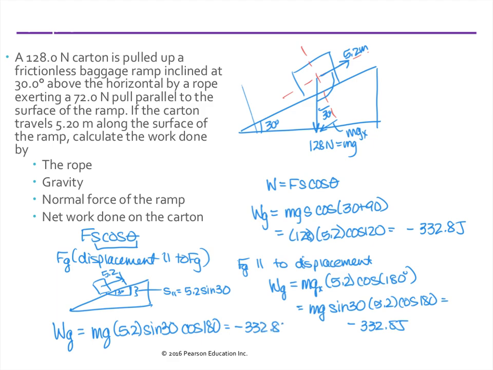I just like to give you the opportunity to look at this different ways, because probably one of them clicks, and then you get, okay, well, now that one I get. Finally, when we find the net work, we just add the 374.4, which was the work done by the rope, minus the 332.8, which was the work done by gravity.